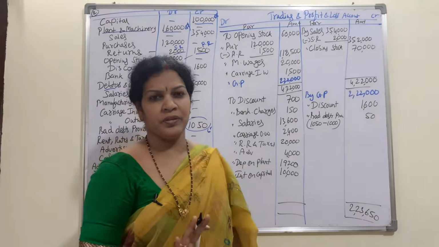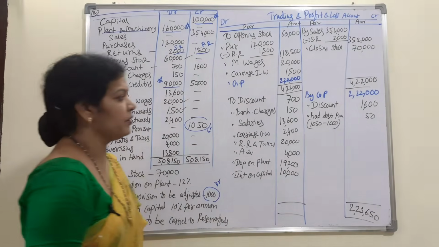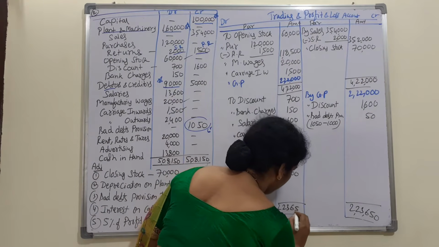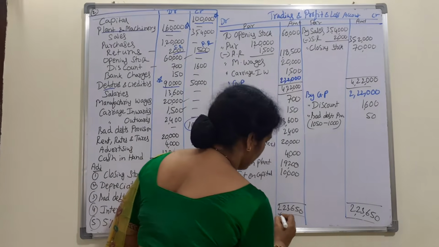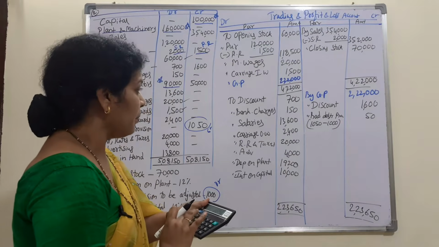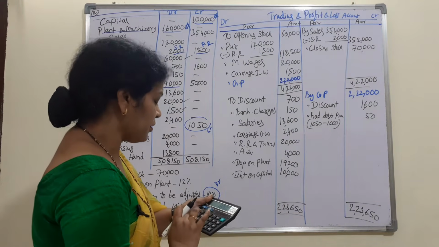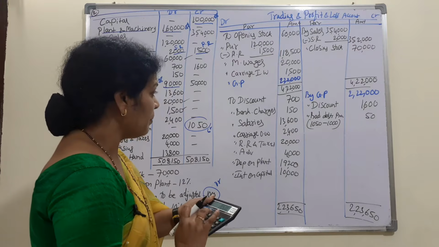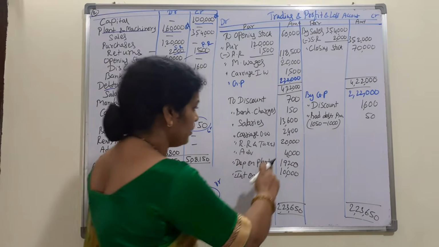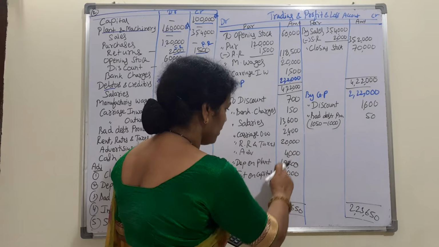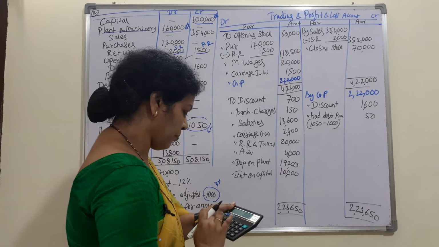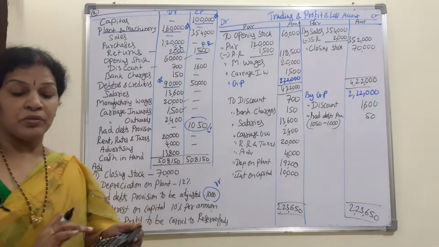First we'll take out profit, then we'll calculate the reserve fund. 2,23,650, this minus all these amounts: minus 700, minus 150, minus 13,600, minus 2,400, means 22,400, minus 4,000, 14,000 I will take directly, minus 19,200. So it comes to 1,53,600.